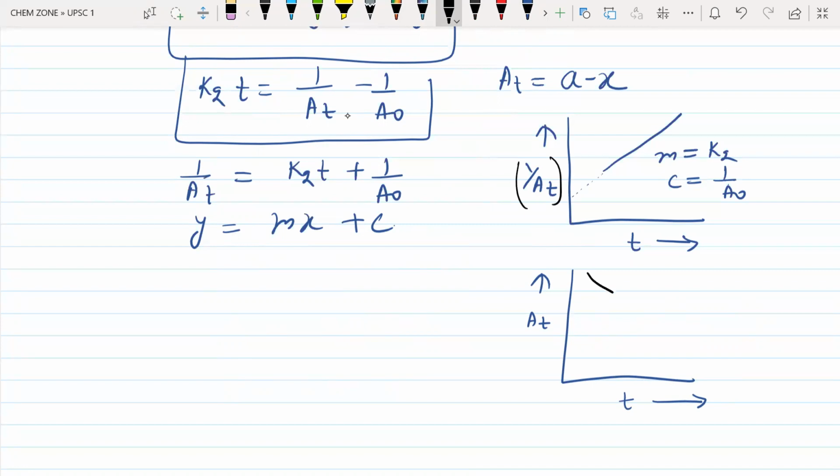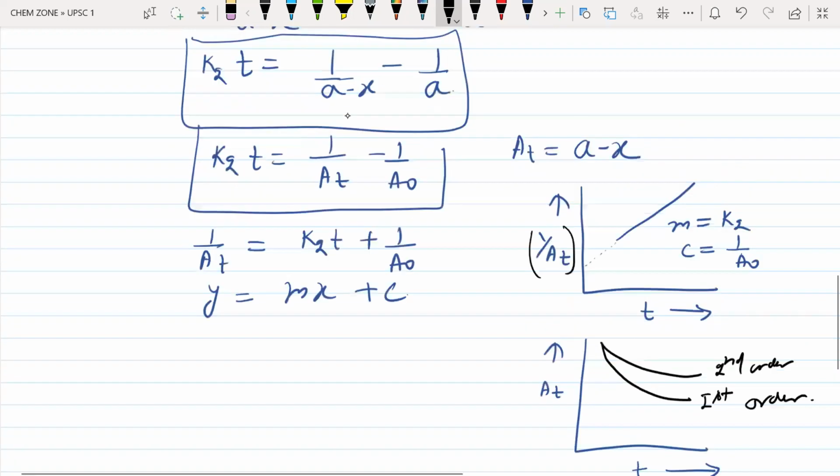You find that if you compare this graph with first order, this is for first order, this is for second order. These are the graphs related with second order reaction.